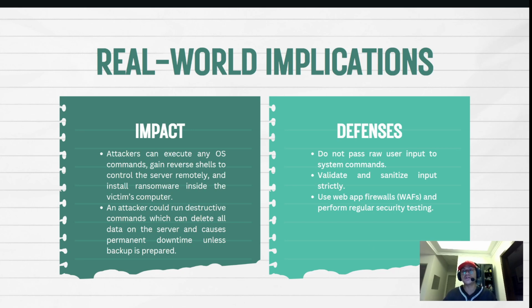The defenses for this type of vulnerability are to not pass raw user input to system commands, validate and sanitize input strictly, and also use web application firewalls and perform regular security testing.